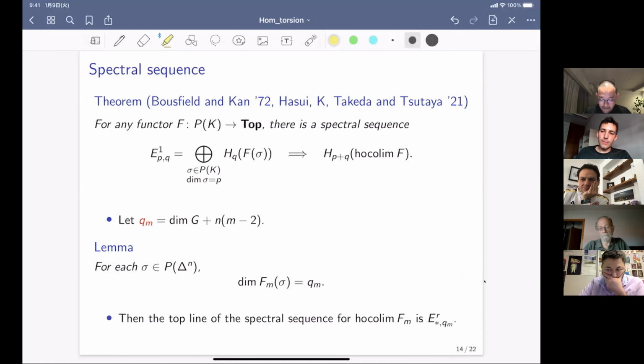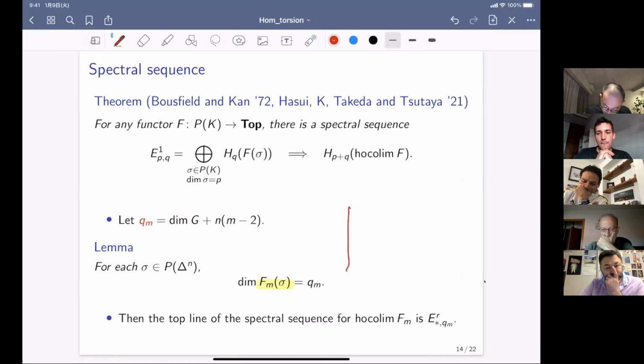This is one of the consequences of being able to control the top cell of this space. So our Bousfield-Kan spectral sequence has top line in dimension Qm.